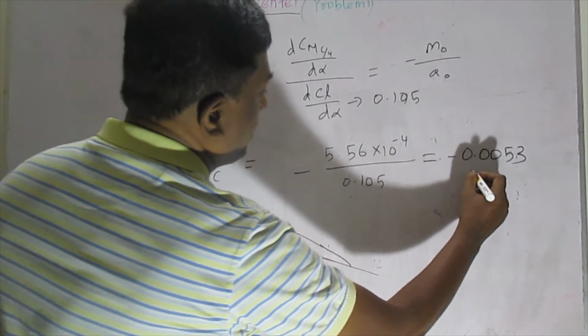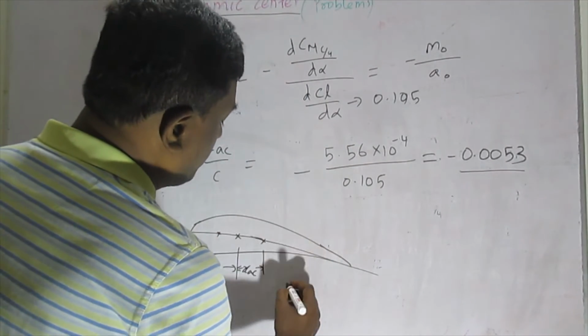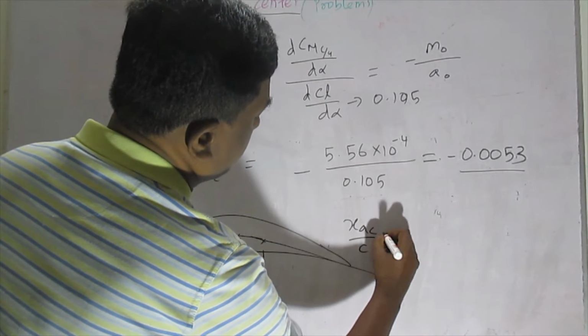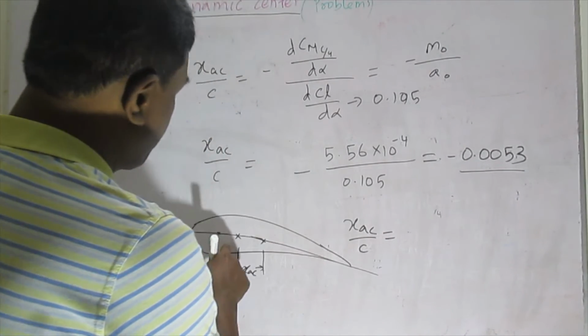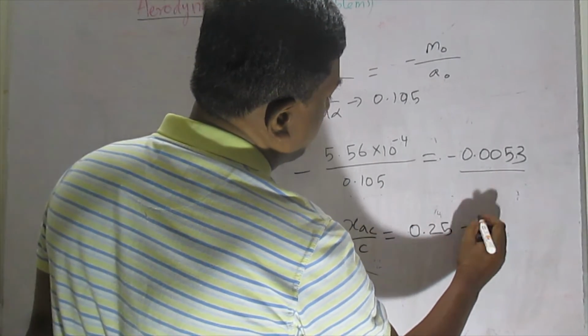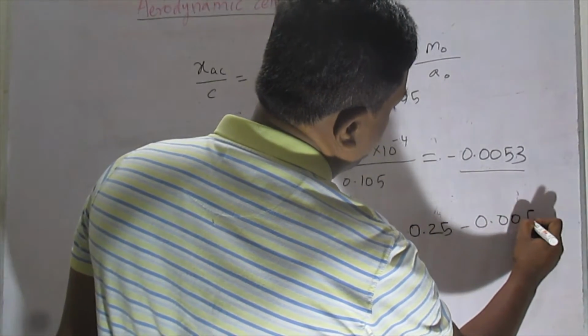So finally, if you want to calculate XAC, XAC by C is nothing but, because this is the quarter chord point, 0.25 minus this value has to be subtracted. So 0.0053.